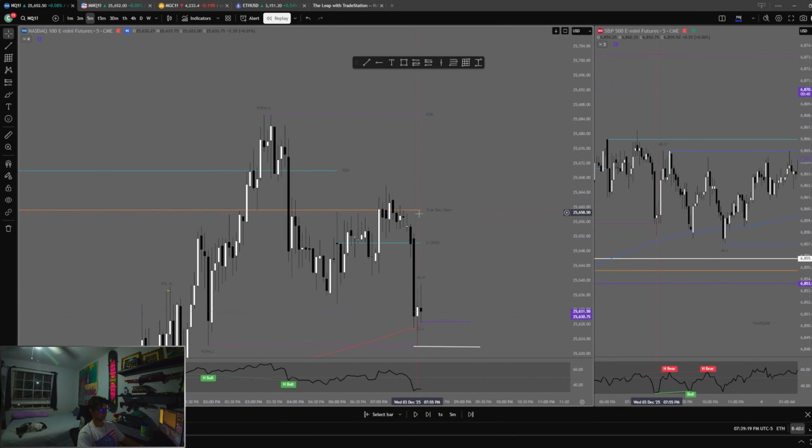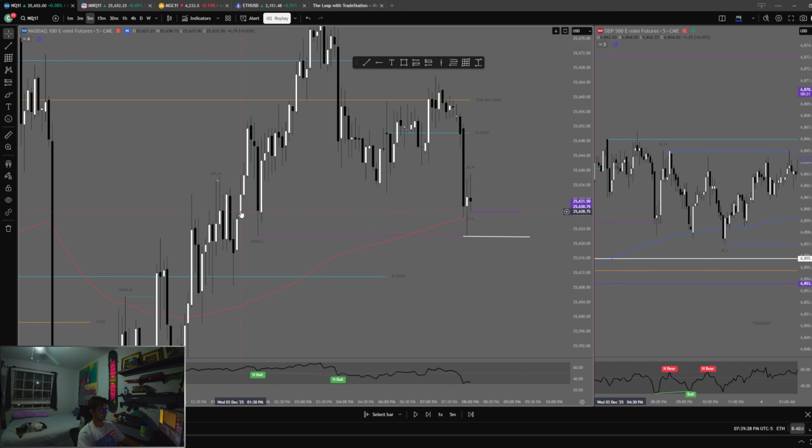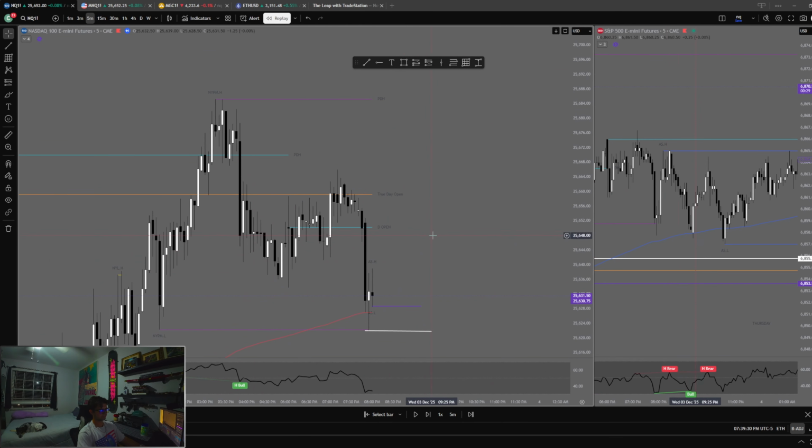Based off of this wick model, we pretty much want to see a rejection block form off of a key level. So it'd be like true day open, daily open, previous day highs, any session highs or lows, etc. Coming into Asia session, I'm looking for a setup off of one of my models, whether it's a 3-step model, wick model, OTE model, or EQ model. But we ended up seeing a wick model form, so that's what we took.